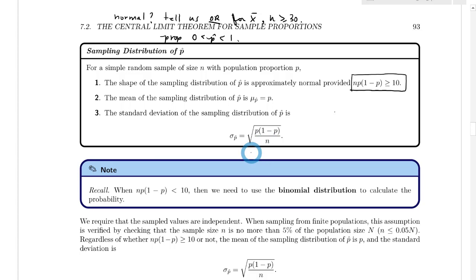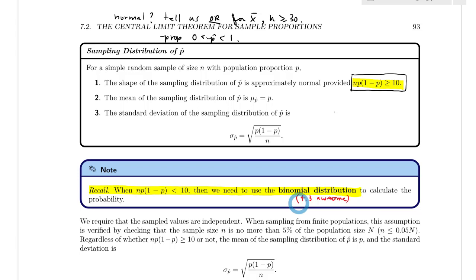Now then you ask, okay, that's great that we have this, but what if we do this and it's less than 10, like if it's 9 or 8? Well, don't forget, we love binomial, right? Binomial distribution is so awesome. I say this because look, we're in a different chapter, we're doing something totally different, and yet we go back to the binomial distribution to give us a hand when we need it, right?